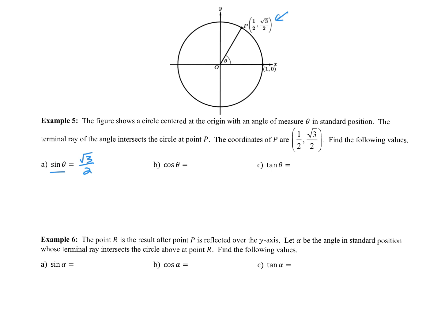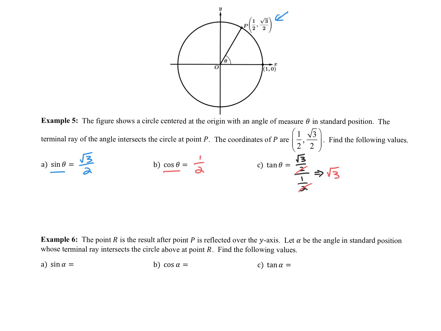Cosine deals with what? X. So what do we got? 1/2. And then tangent. Tangent deals with what? Y over x. So my y is square root of 3 over 2 over 1/2. And so what happens to the 2's? They cancel. And so now we're left with square root 3.